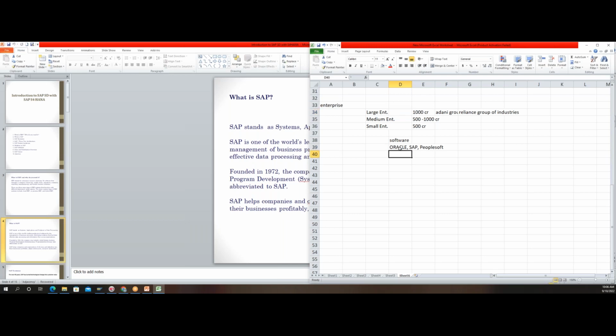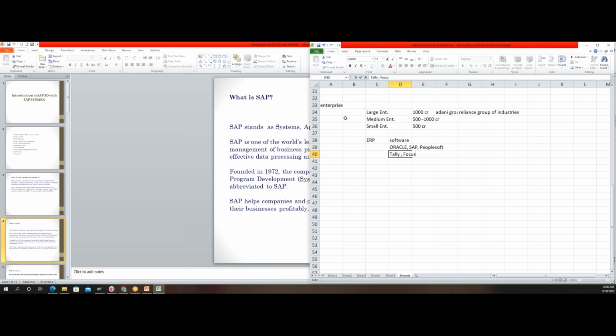Likewise, there are ERP software available in the market which cater to the medium enterprise. For the smaller enterprise, we see Tally, which basically supports finance, and Focus, which is used for the smaller enterprise.